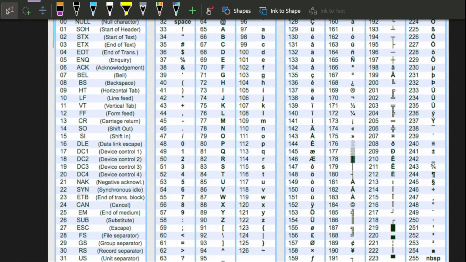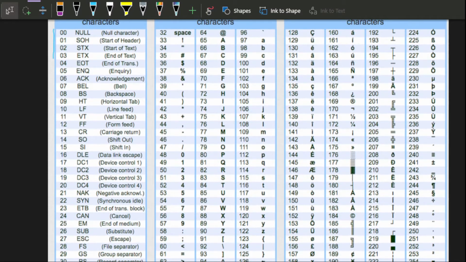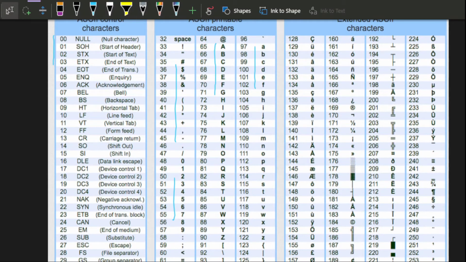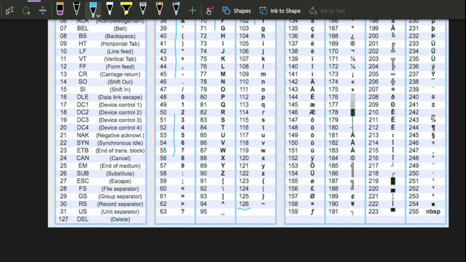Those kinds of characters were stored in the first 32 places. Then the printable characters, which are the alphabets, the smaller alphabets, the special symbols, and the numbers, were stored from value number 32 to 126.